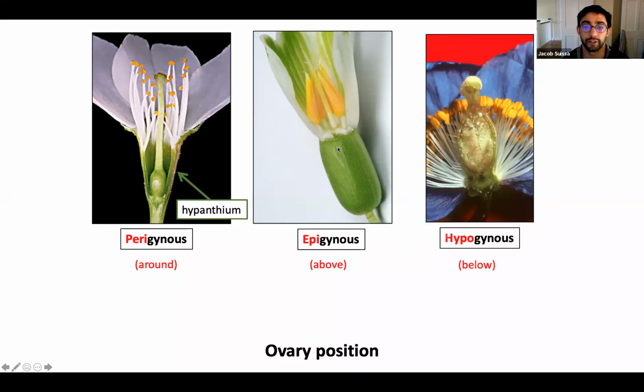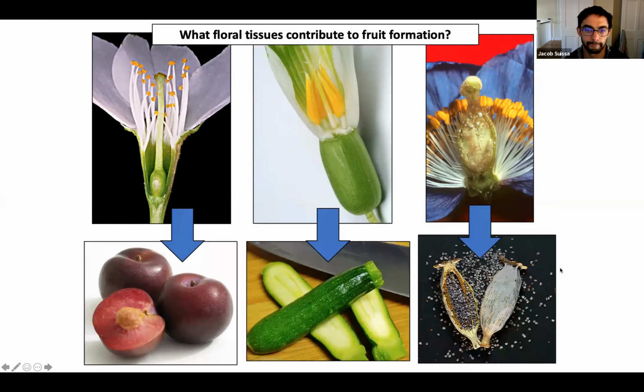So that is an inferior ovary, and we call that epigynous. And then on the other side, we have this flower where all of the floral organs are attached on the bottom. So that is a superior ovary, and we call this hypogynous. So that's sort of the idea there. Yeah, those are the fruit.